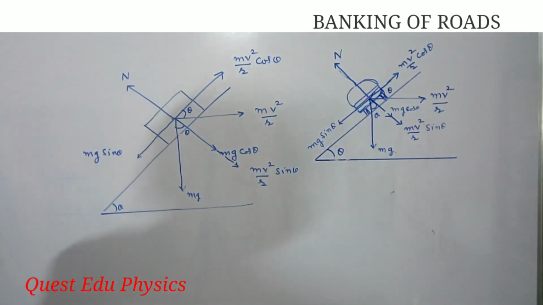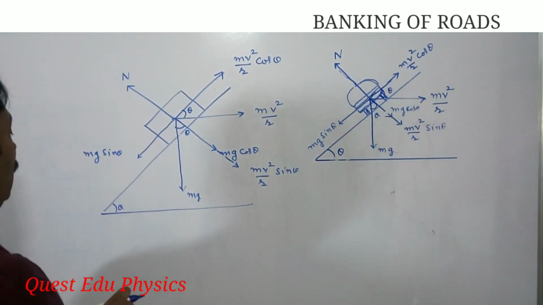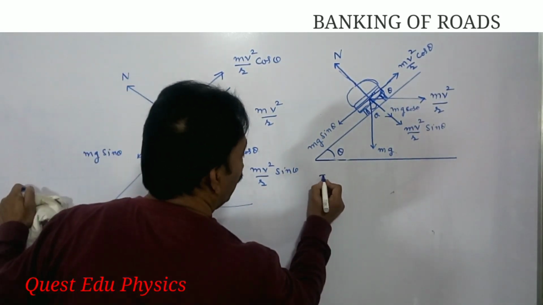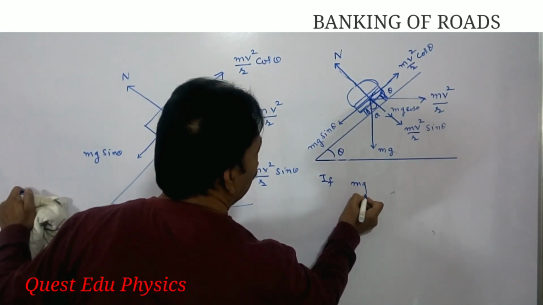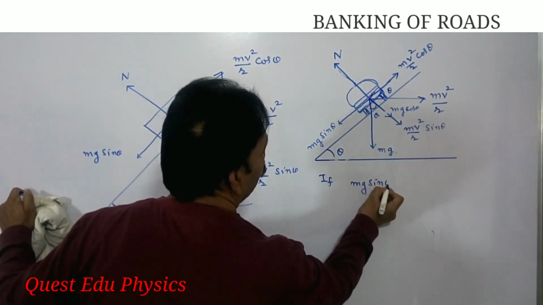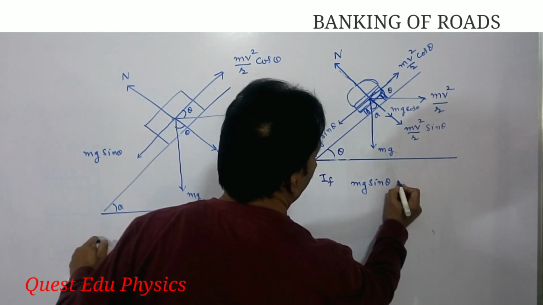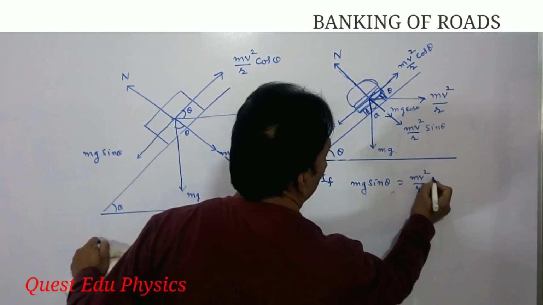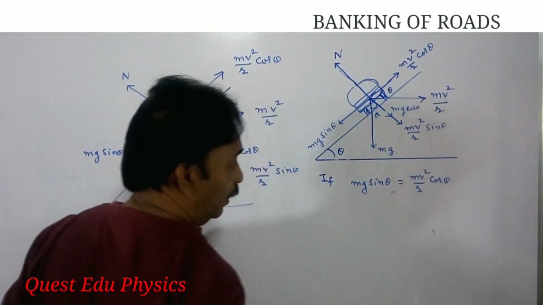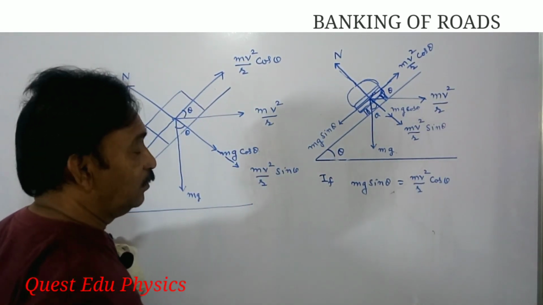I am giving the condition: if mg sin theta is equal to mv²/r cos theta, then the vehicle moves safely, I said.